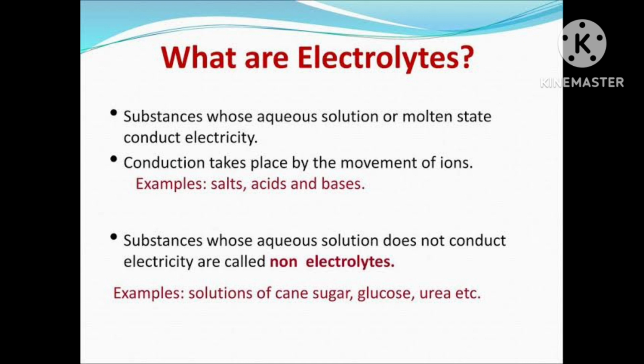Generally it remains in the form of H2O only. At most, very little will break into H plus and OH minus ions, so its conductivity will be less.